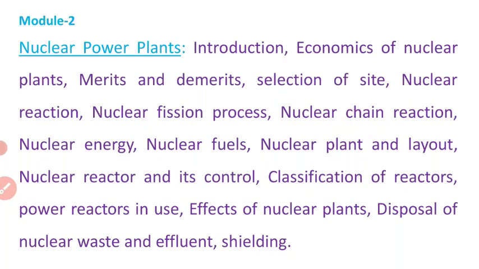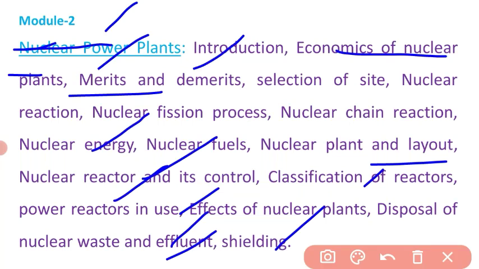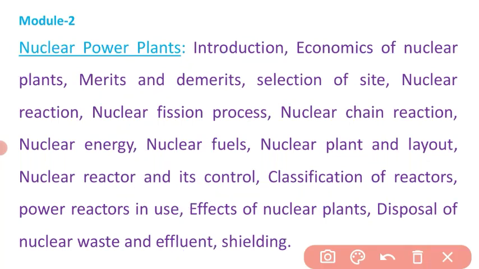Continuation of module 2, nuclear power plant. Here also, as in all the power plants, we are going to study site selection, elements of the power plants, and merits and demerits.